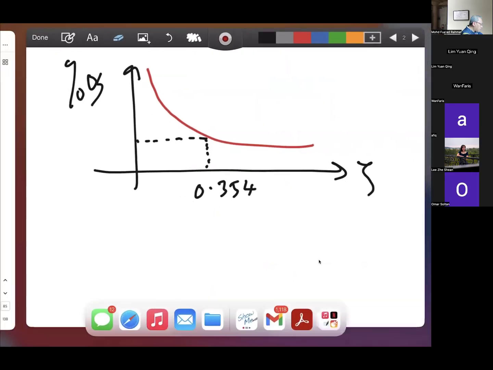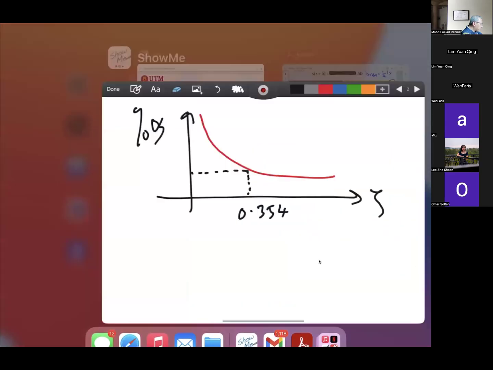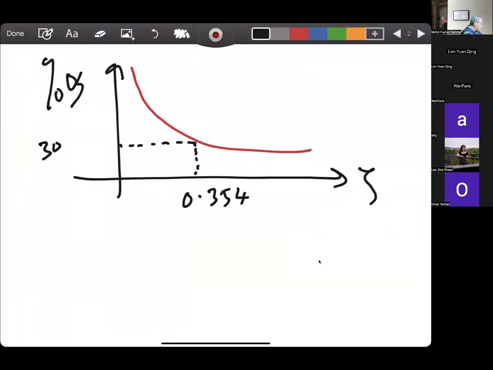If you use the graph, it is about 30%, 30.5%. So you get the overshoot percentage with the corresponding zeta. No need to use the formula because it will consume a lot of time.